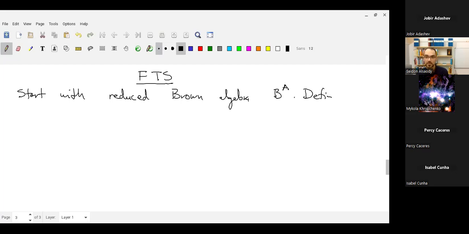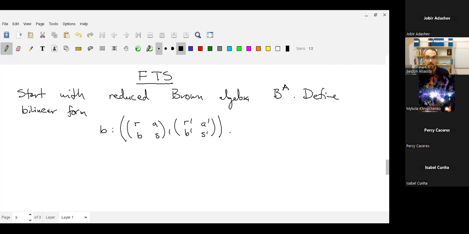And on that, you define a bilinear form B that sends the pair (r, A, B, s), (r', A', B', s') to r s' minus r' s plus T(A, B') minus T(A', B).